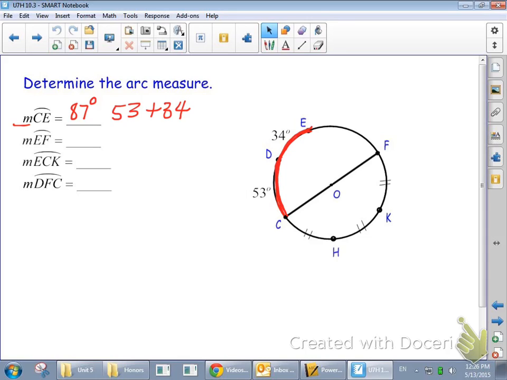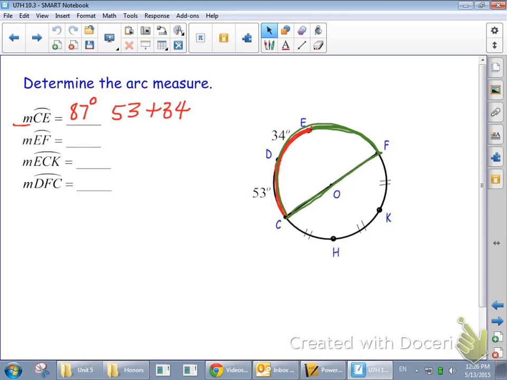If we're looking at EF, let me just change colors here. Let's go green. If I'm looking for the measure of EF, well, nothing's written there, but how can I find it out? Well, I know here that this chord, CF, goes through the center. So this is the diameter, making this from C all the way through to F a semicircle.